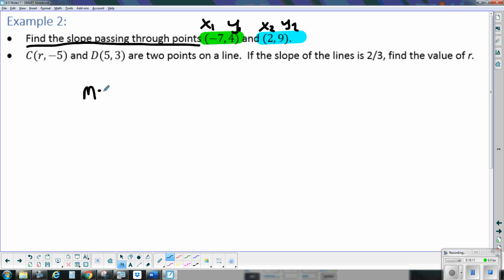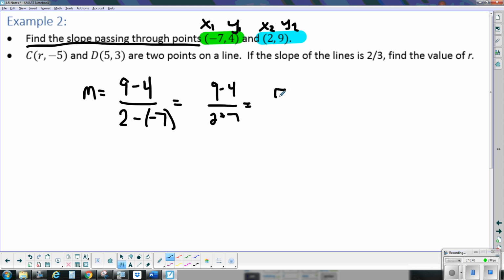So my slope is going to be equal to y2 minus y1, so that's 9 minus 4, divided by x2 minus x1. Remember, when you subtract a negative number, you're really adding. So I can rewrite this as 9 minus 4 divided by 2 plus 7.